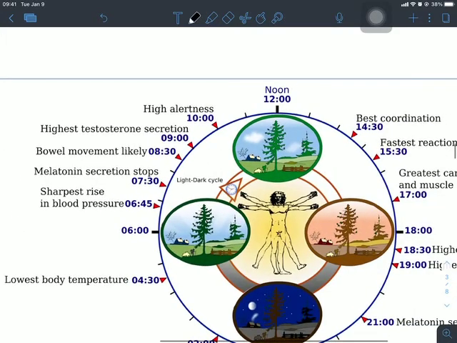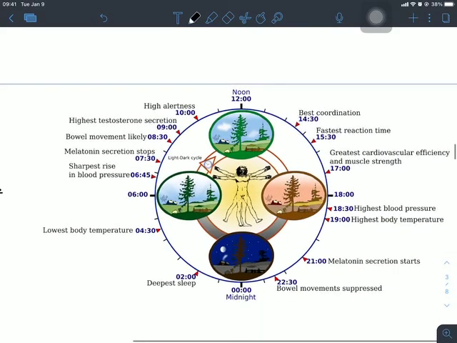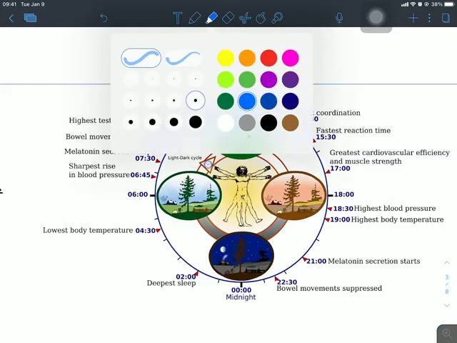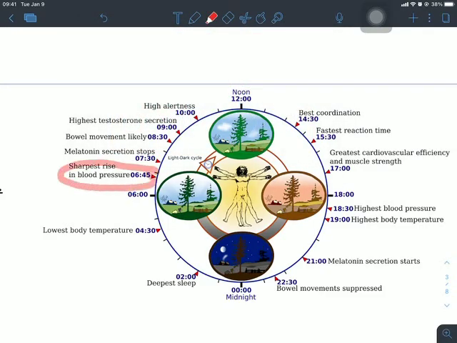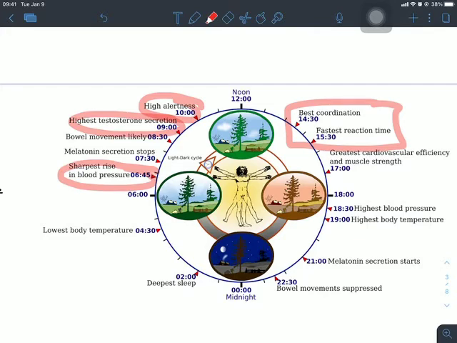I've included this image of a typical human circadian rhythm. We can see that certain things like our sharpest rise in blood pressure, when testosterone is secreted, highest alertness, when your coordination and reaction time are the greatest in the afternoon, and then when melatonin secretion will begin, are all actually programmed based on day length.